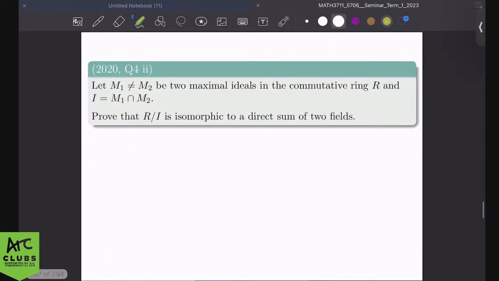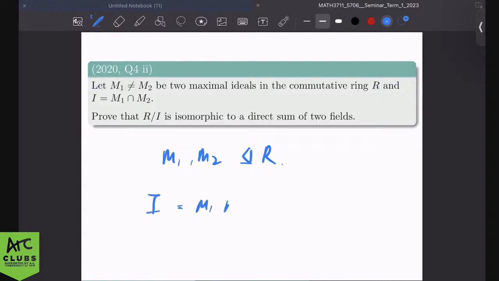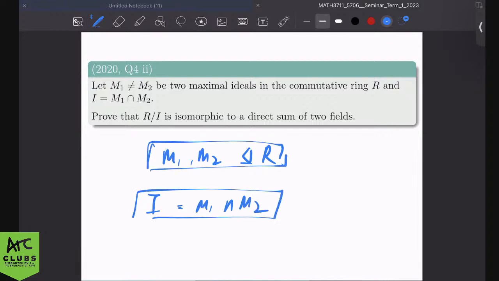All right, so let's look at this. We've got two maximal ideals, M1 and M2, in the commutative ring R. And we've got I as the intersection of M1 and M2. All right, let's think about what that means.